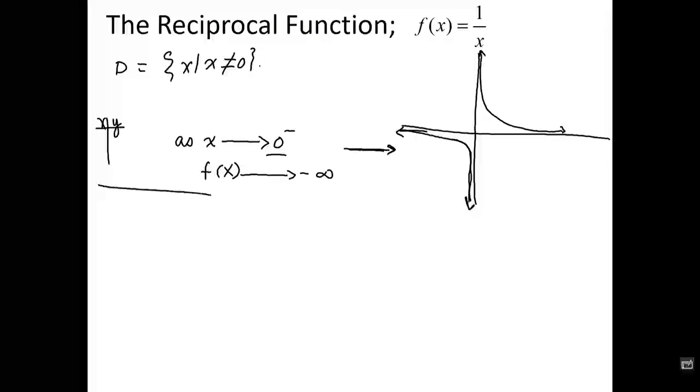Now, let's consider what happens as x approaches 0 from the right. As x approaches 0 from the right, we see that the function is increasing. The values of f are increasing without bound.